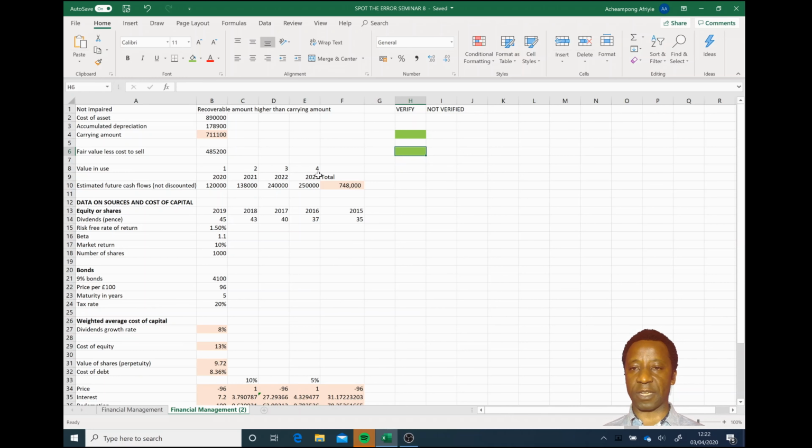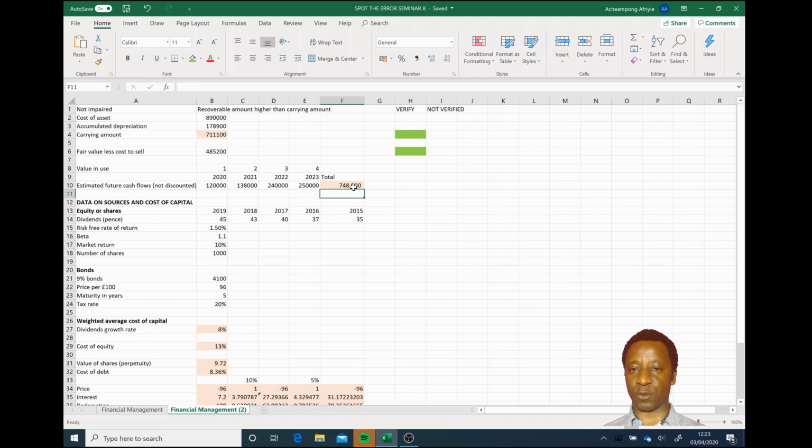So we have for the next 4 years, first year, second year, third year. And if we just double click on that, the accountant has just added the future cash flows together and come up with a figure of 748,000. So presumably, what's happened here is they've compared the fair value less cost to sell and the value in use.